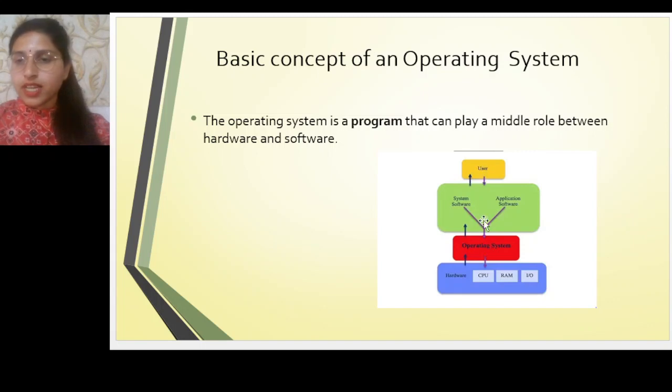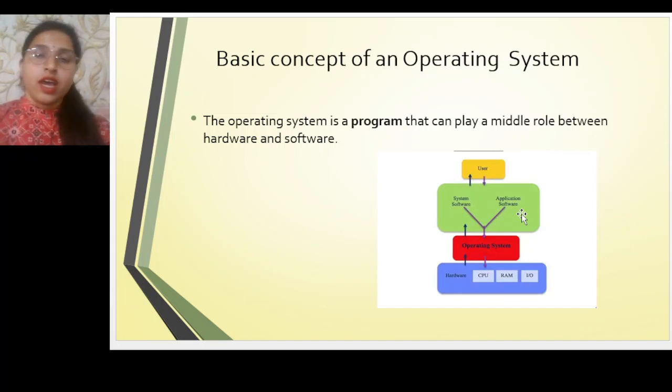The user also cannot directly interact with the operating system. It requires some kind of software. Software is nothing but a piece of program, it is code. The program is again divided into two types, the system software and the application software. System software are the programs which help in the working of a system, like your utilities and compilers.